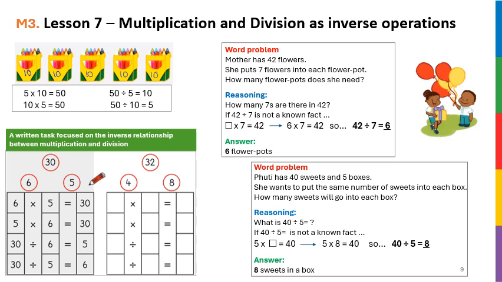We used a multiplication fact, and then we could solve our division problem. And the answer to that problem is that there are 8 sweets in a box. Children can use multiplication and division as inverse operations to solve written and word number problems.